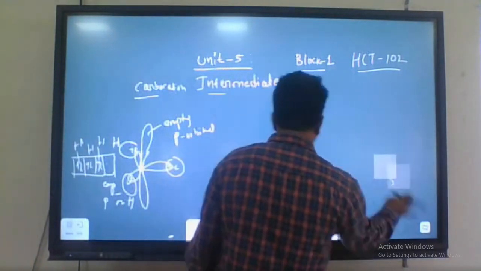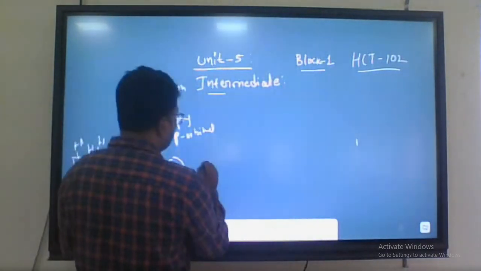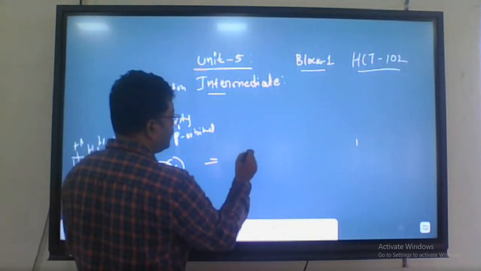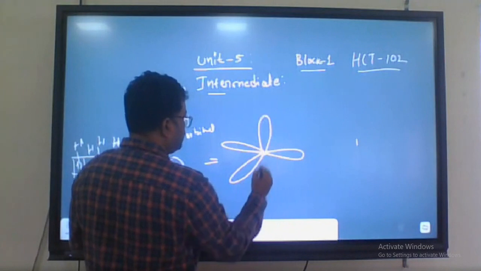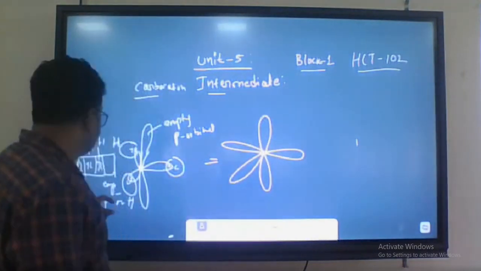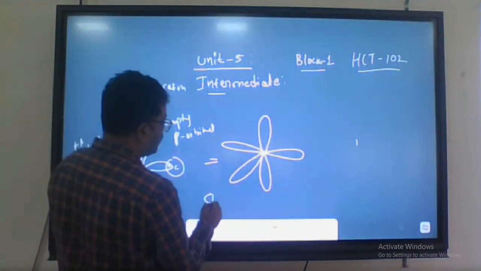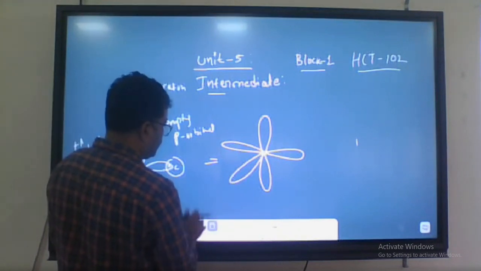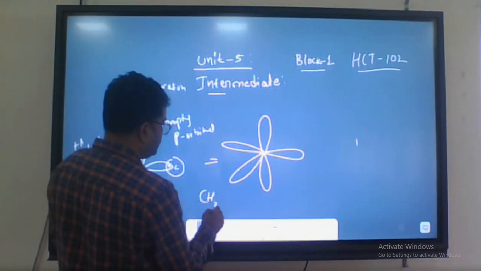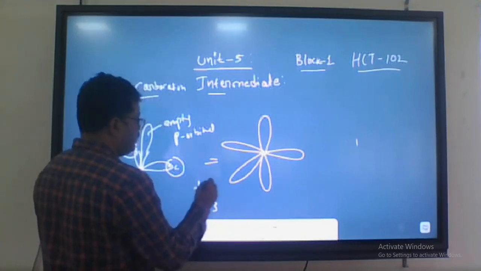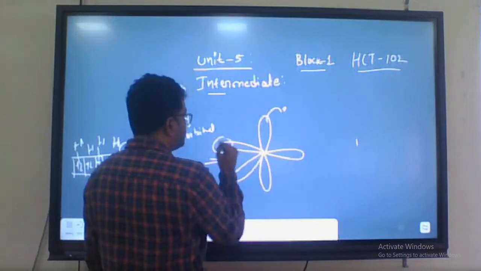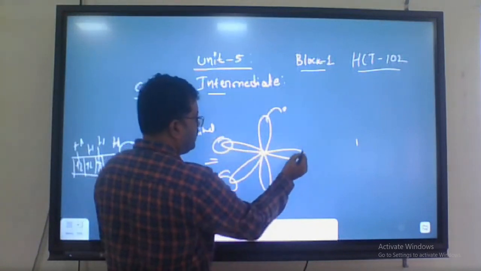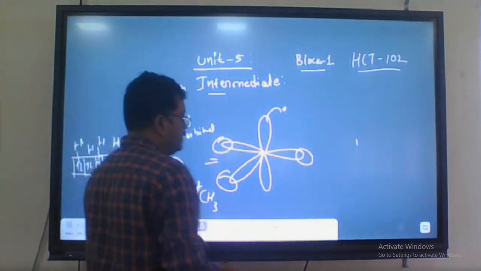So this is actually the structure of carbocation. Yes, plus. This plus is empty p orbital. And this is hydrogen. This is CH3, and this is CH.